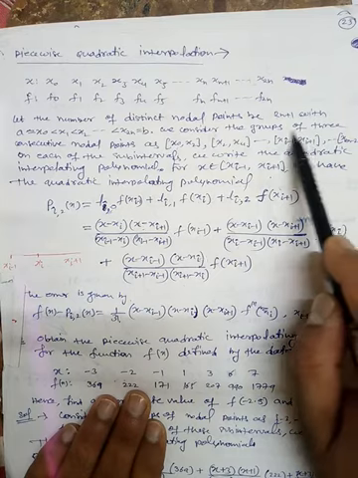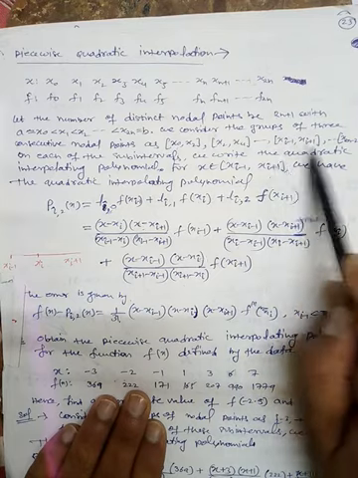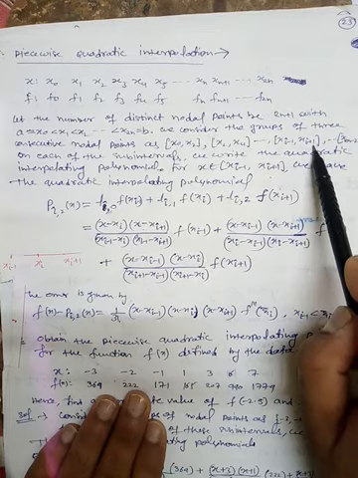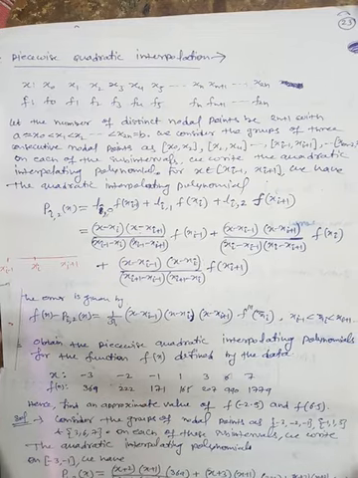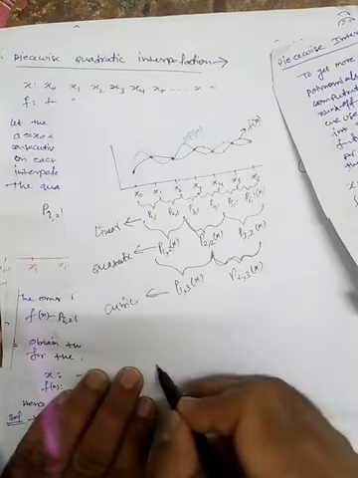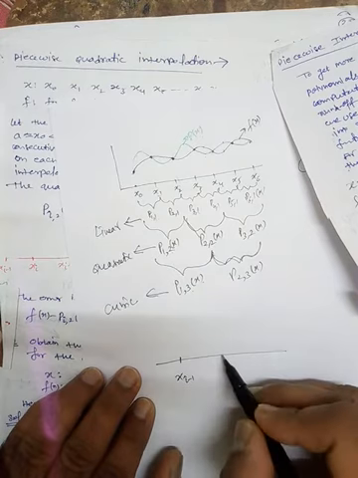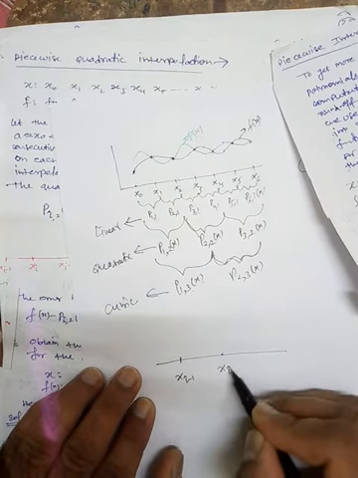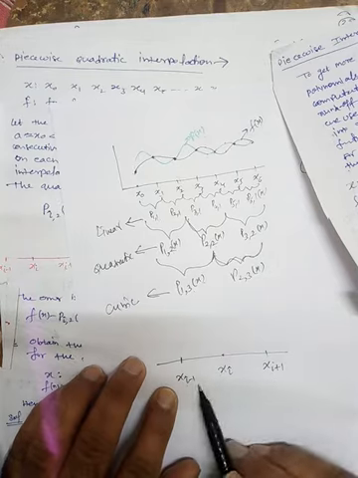So here we are considering this interval x(i minus 1) to x(i plus 1). In this interval, if you see, we have 3 data points in this range. I am not discussing much more, I am discussing the main points. So I am taking this interval x(i minus 1) to x(i plus 1).